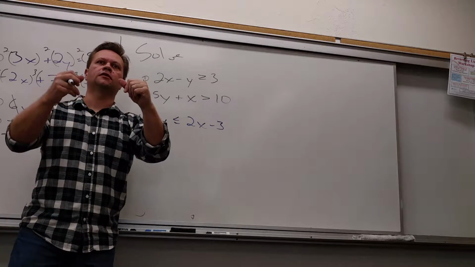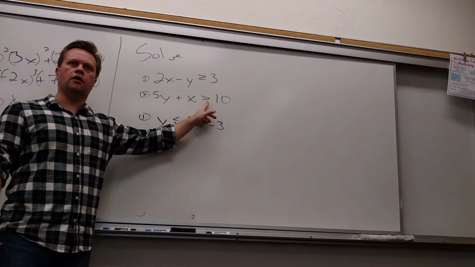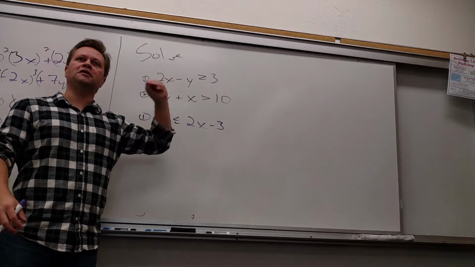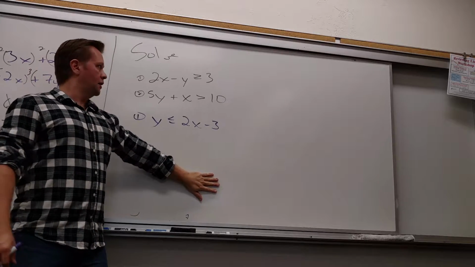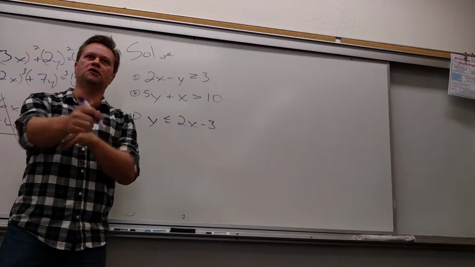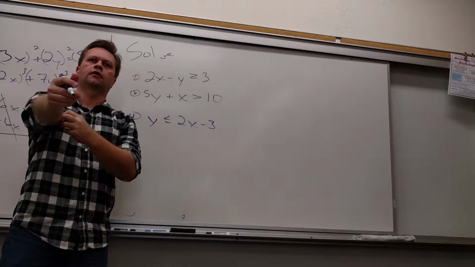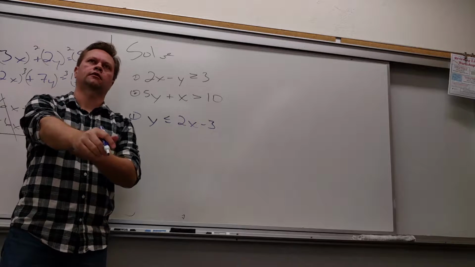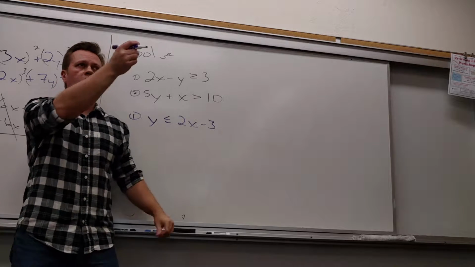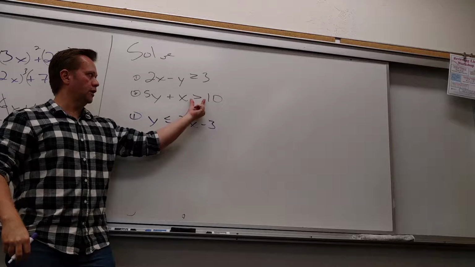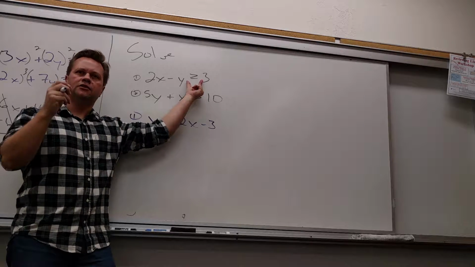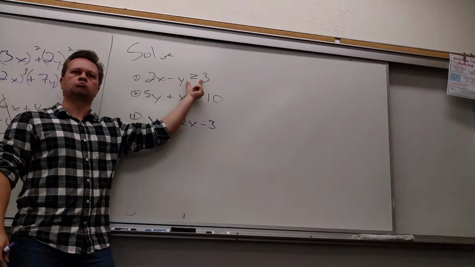Are you with me? This is a strict inequality because it's strictly not equal to. I don't agree, but I will accept it. It's a definition. You can't disagree with a definition. So what you didn't know before today was that we have strict inequalities and not strict inequalities.